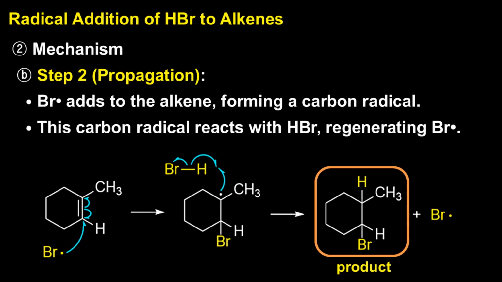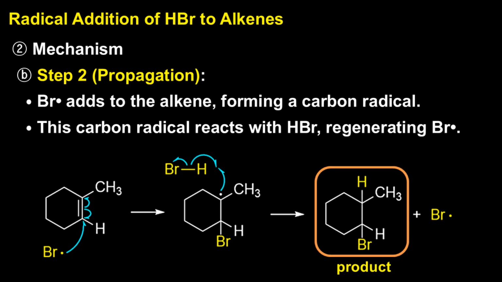Now let's move on to step 2, propagation. This is where the actual product starts to form. First, the bromine radical adds to the alkene, but it doesn't just add anywhere. It attaches to the less substituted carbon of the double bond. Why? Because that leaves the more substituted carbon as a radical, and that's more stable, thanks to hyperconjugation and alkyl group donation.